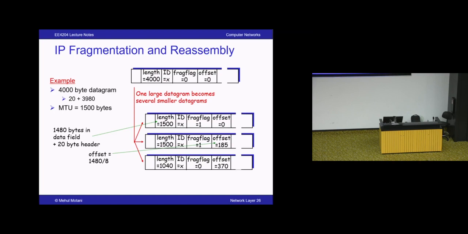But this is at the destination, because the destination is the one that interprets the data. You can have lots of policy. You can say, if it doesn't come in a certain time, I'll just reconstruct what I have and ignore the rest. But the application can make that decision.